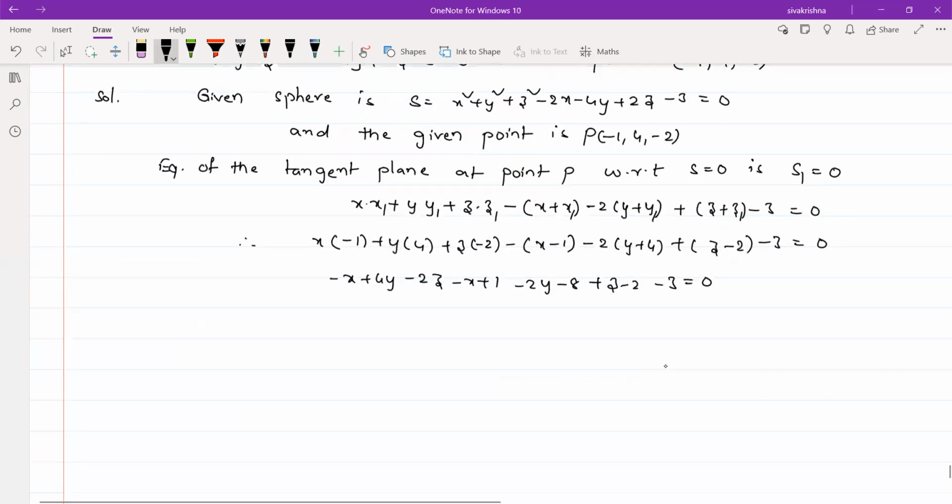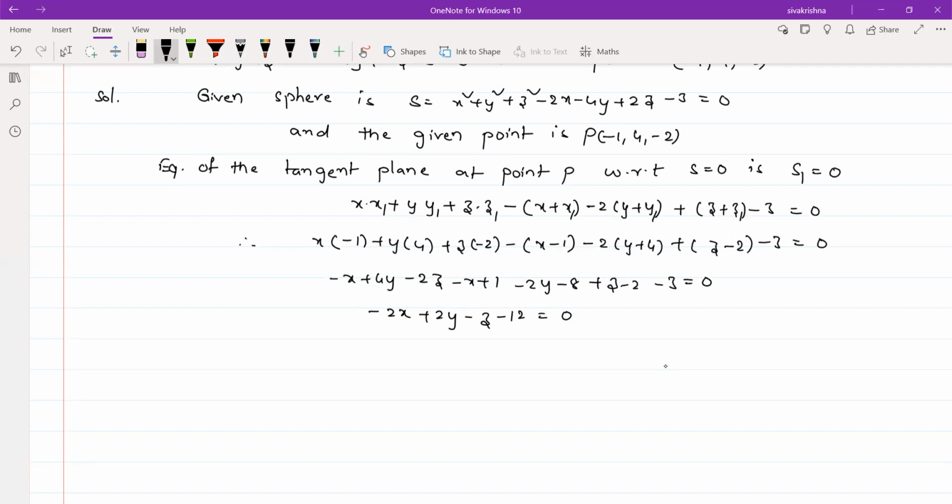On simplification, finally we get minus 2x and y terms plus 2y minus z, and coming to the constants, we are having 1, minus 8, minus 7, minus 9, and minus 12. So minus 12 is equal to 0.